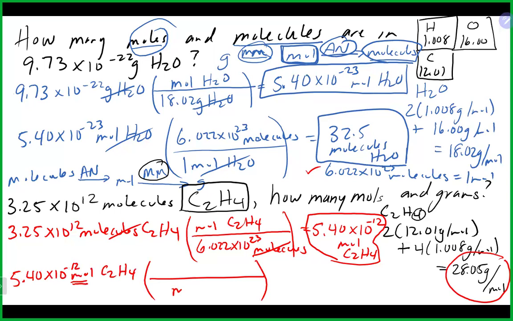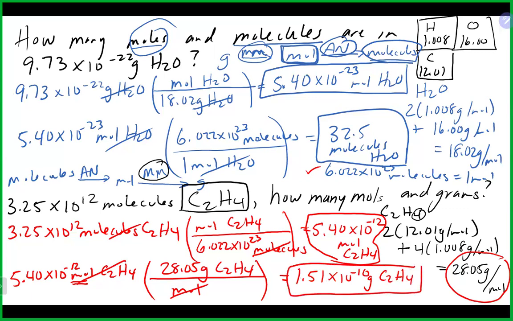That means we do need moles on the bottom, and our 28.05 that we got from the periodic table should go up on top so that they cancel. And we're going to multiply that guy by 28.05. That's going to give us 1.51 times 10 to the minus 10 grams of C2H4 in this case.